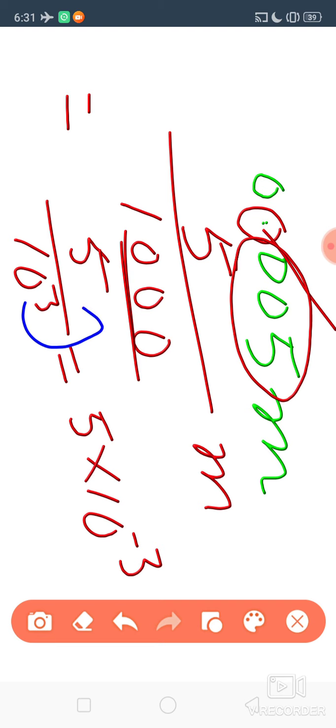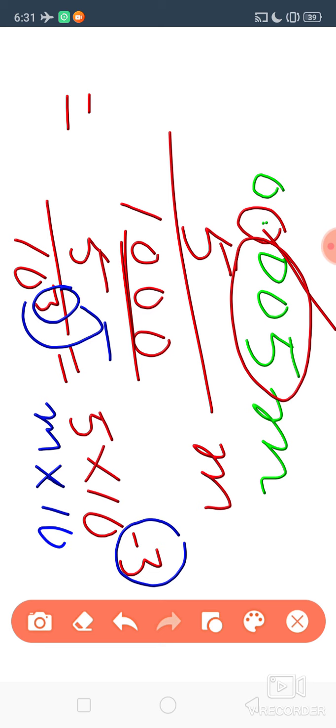We brought this 10 to the power 3 from the denominator into the numerator, so the positive exponent has become negative. Now it is in the form m into 10 to the power n, where m is 5 and n is minus 3. This is your standard form.